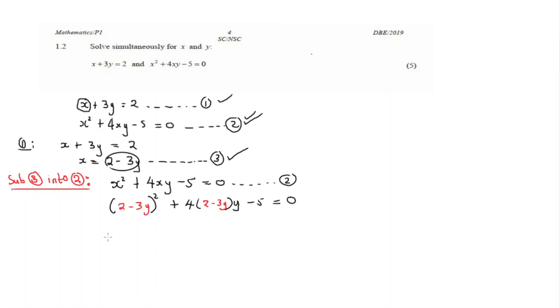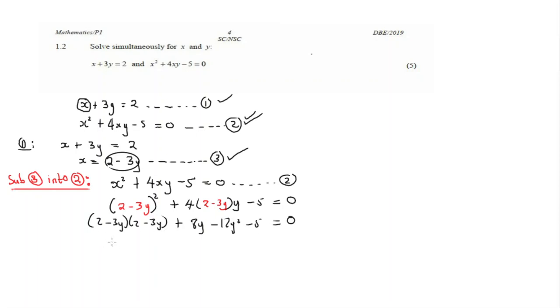So simplifying this, it's two brackets, 2 minus 3y, 2 minus 3y, plus here we get 4 times 2 times y, it's 8y, 4 times negative 3 is negative 12 times y, it's negative 12y squared minus 5 equal to 0.